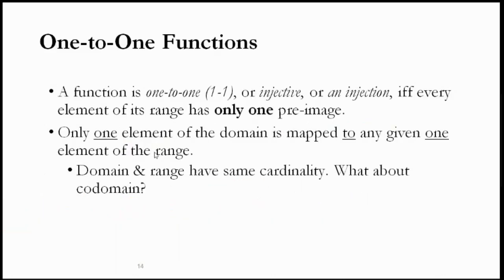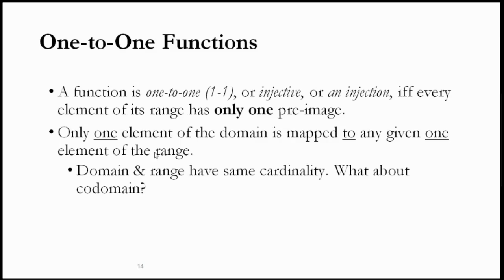Now we'll see one-to-one functions. These are the classifications of the functions that we study. Functions we have seen as mapping from A to B. Now we'll see one-to-one functions.